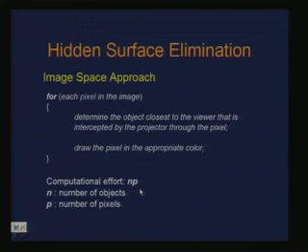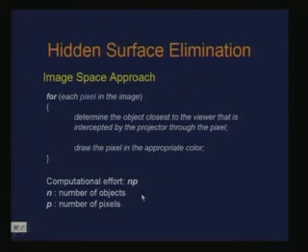For each pixel I am basically determining, out of the n objects, which part or which point of the object needs to be rendered. So, that is the order of computational effort.